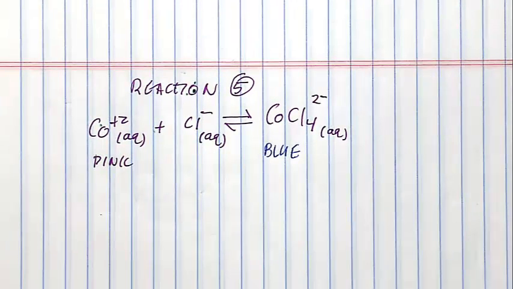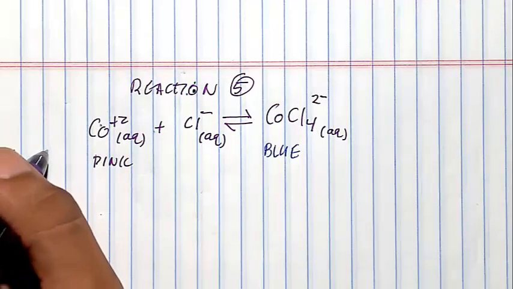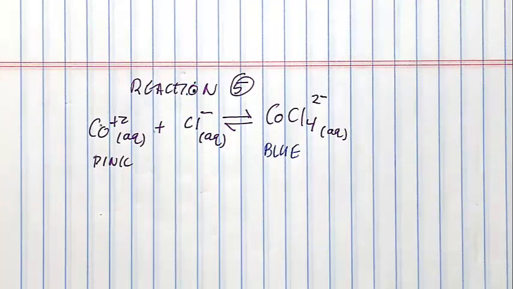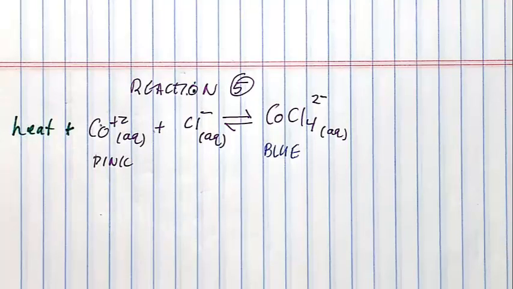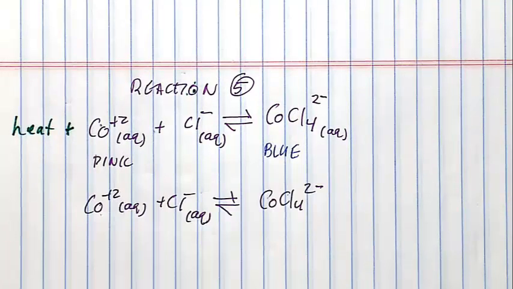Now, to add a little kink to this, we actually want to know whether the reaction is endothermic or exothermic. So this is where you're going to have to look and see if the reaction is going to require heat or, scenario 2, evolve heat.